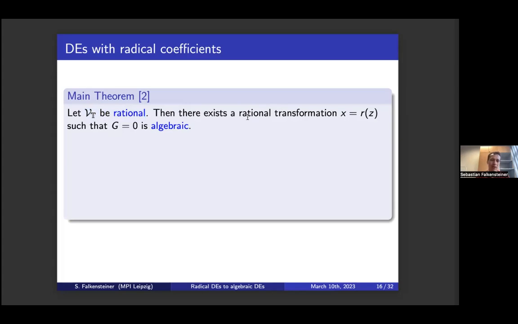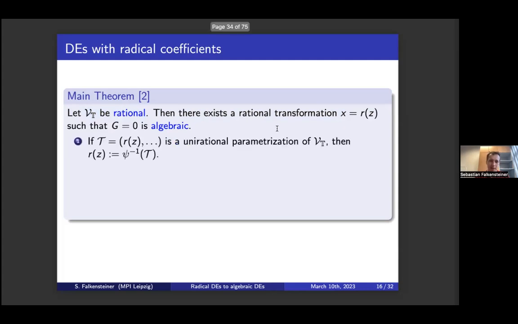So we want to do the same with the radical differential equation now. And indeed, there is a rational transformation of this type doing that if the tau variety is rational, and if we compute a rational parametrization, so it could be unirational, it doesn't have to be birational a priori, then the transformation is given as a projection of this parametrization, namely it's exactly the first component.